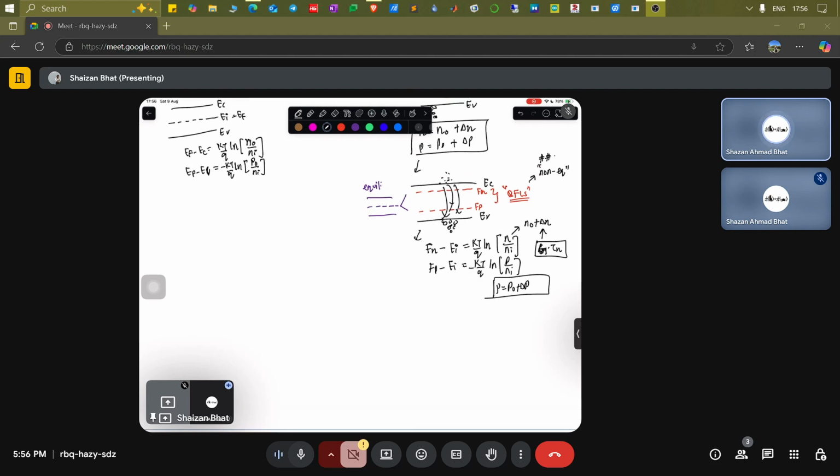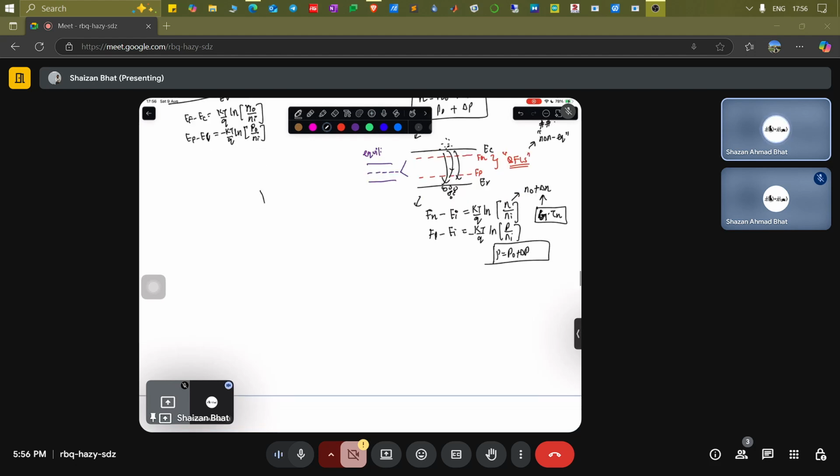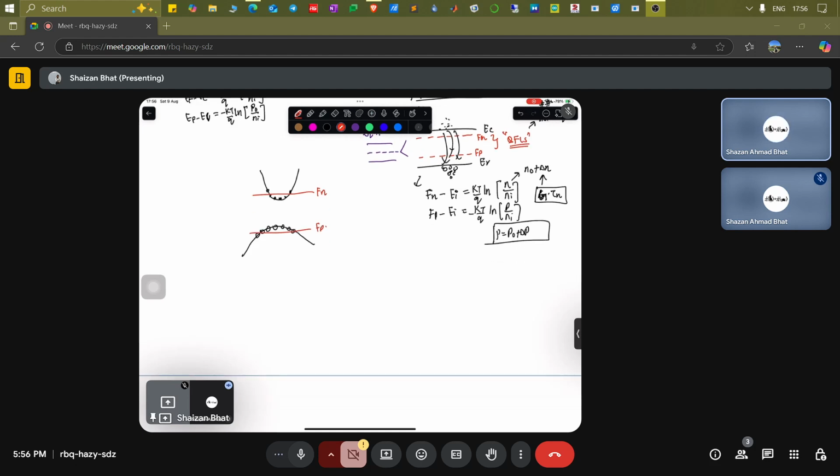Now, these are the bands, and if you have electrons here in a highly non-equilibrium situation, then you have a quasi-Fermi level for electrons here. Similarly, if you have holes, then you have a quasi-Fermi level for holes. This is a highly non-equilibrium situation.